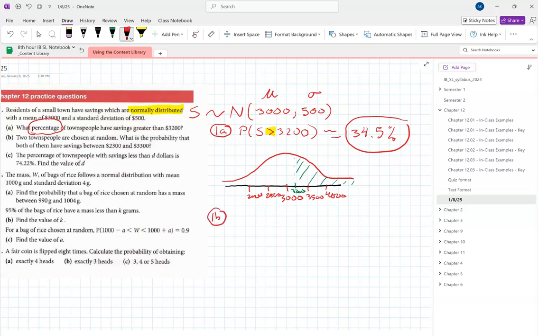It says 2 townspeople are chosen at random. What's the probability that both of them have savings between 2,300 and 3,300? So I want the probability that both of them, townsperson 1 and townsperson 2, have the desired savings. When I have an and probability, what does that mean?